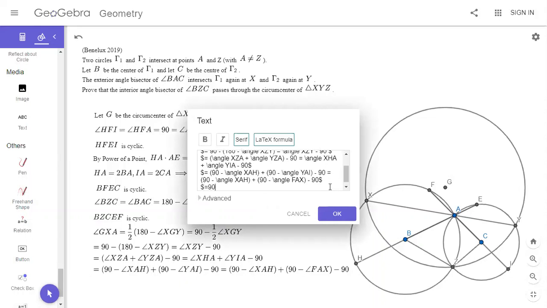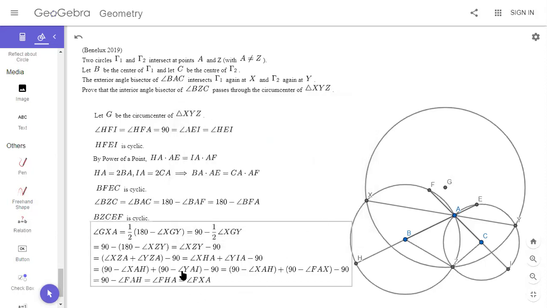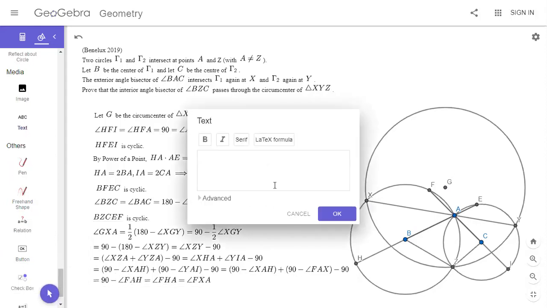So that's equal to 90 minus angle FAH, which is equal to angle FHA, which is equal to angle FXA. So this is a long way to show, but if angle GXA is angle FXA, then G, F, and X are collinear. So G, F, and X are collinear.